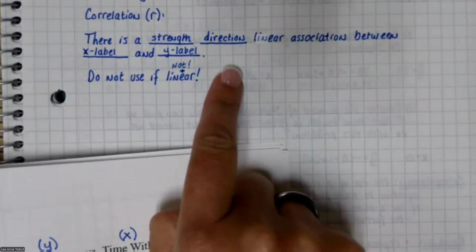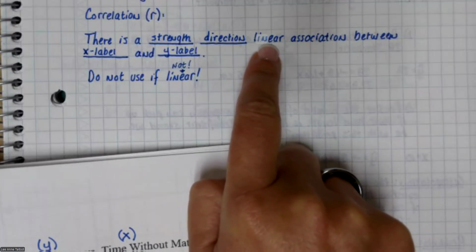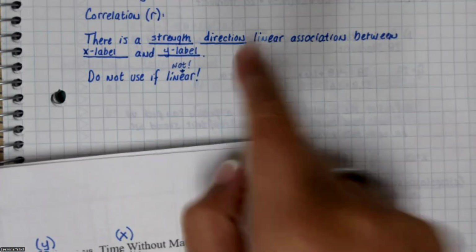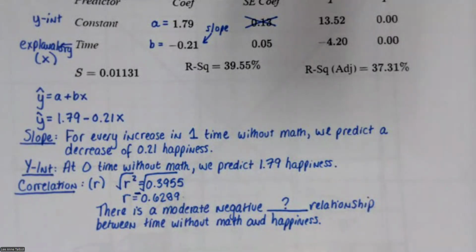Okay, now look back at the sentence. Linear, right? Do I have anything on this paper that indicates the form of this particular graph? Can I tell the form from numbers? No. There are only two ways to tell the form. Does anybody know the two ways?